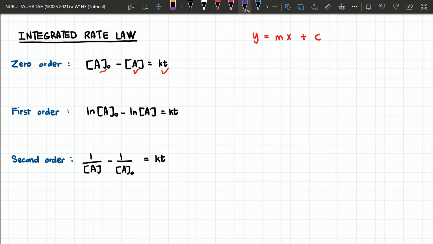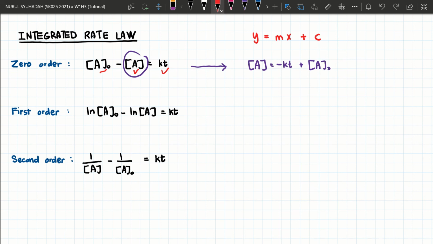For the zero order reaction, the graph that you need to plot, our y will be concentration of A, equals minus kt plus concentration of A0.